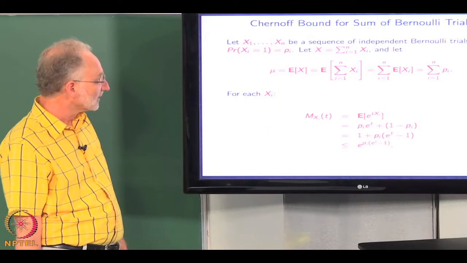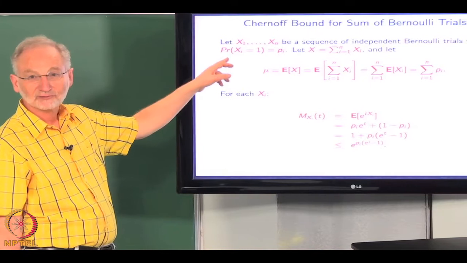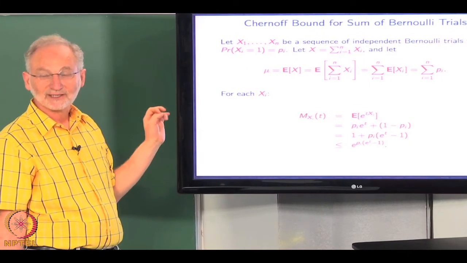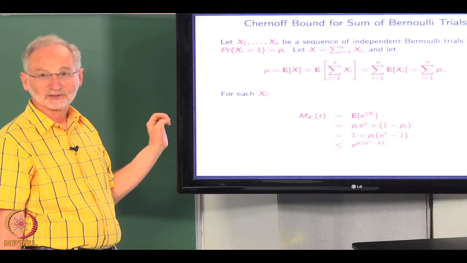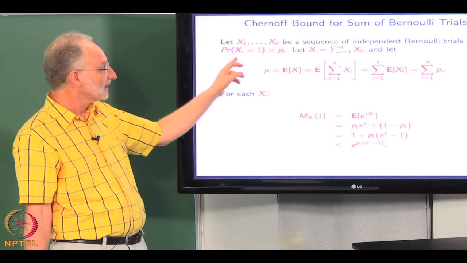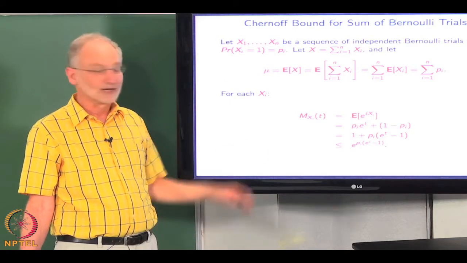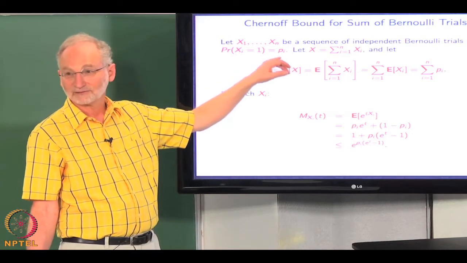Notice, by the way, that we don't need X1 to Xn to be identically distributed. What we need is for them to be 0-1 random variables, but each of them can have its own probability of being 1, which I remind you is also its expectation.